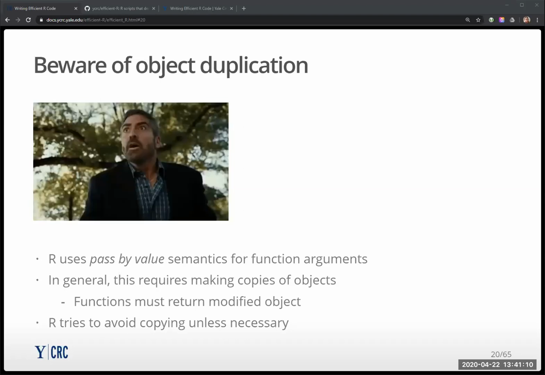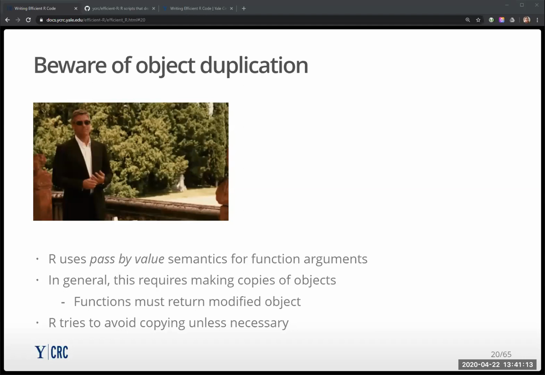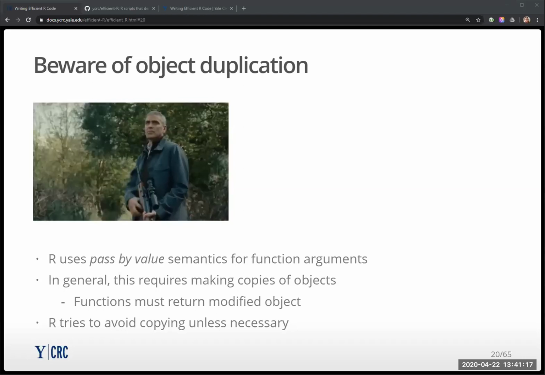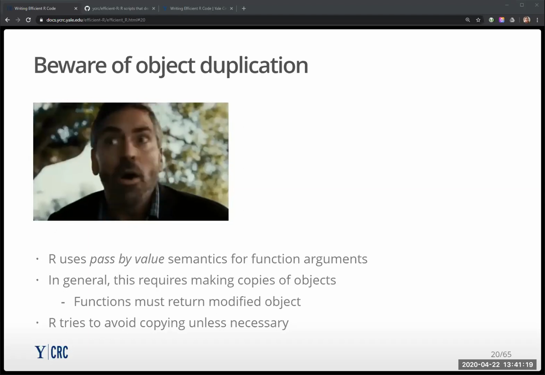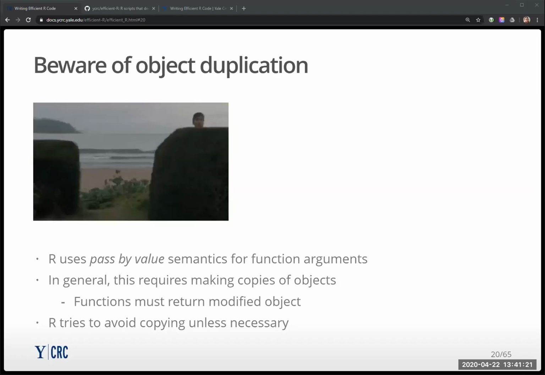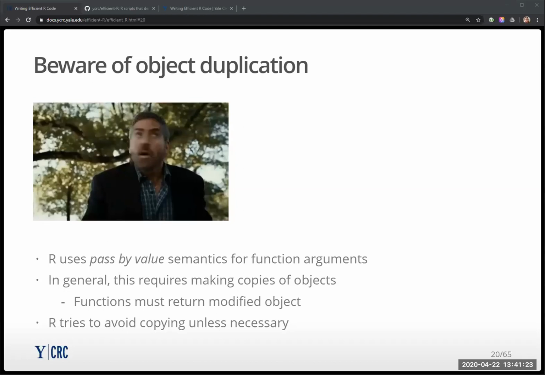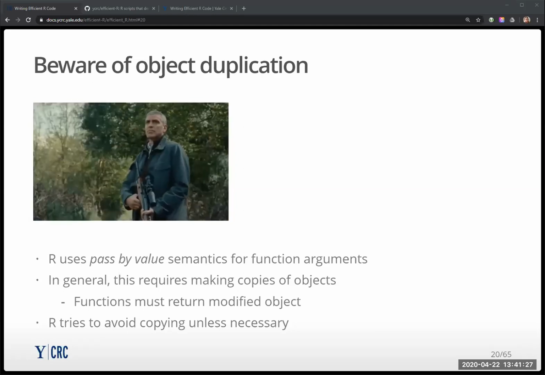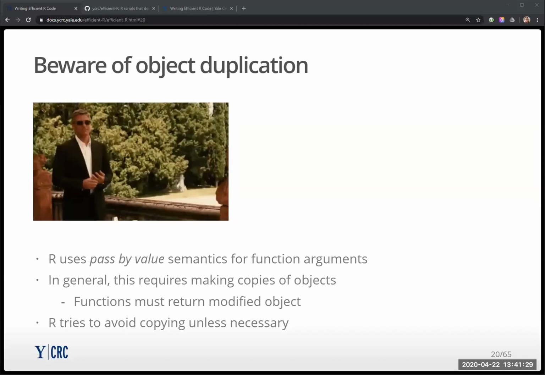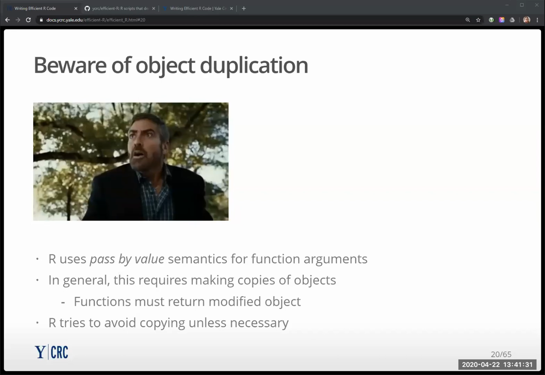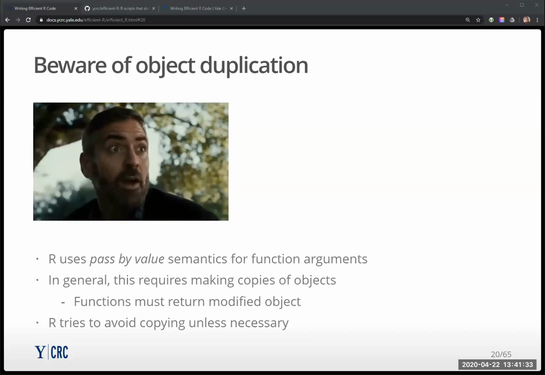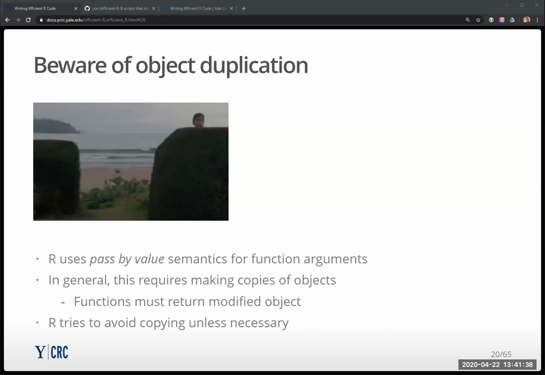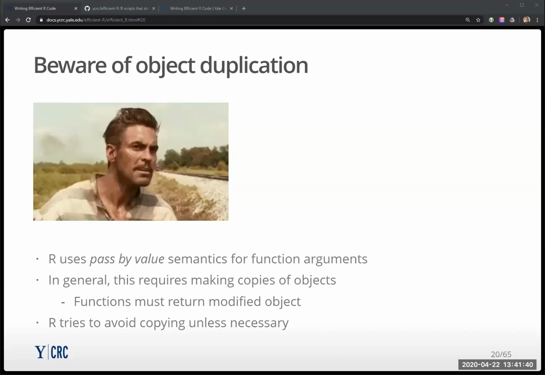And the downside to this is that oftentimes, especially temporarily, you'll have double the memory usage of something depending on the function that you're calling. But where possible, R will try not to copy things if it doesn't have to. And I'll give you some examples of how it gets forced to make copies.